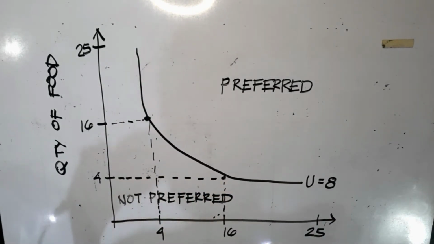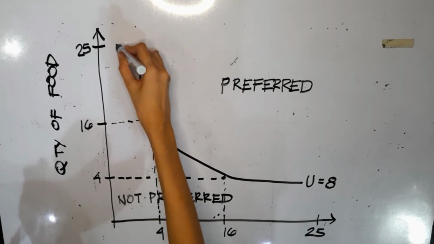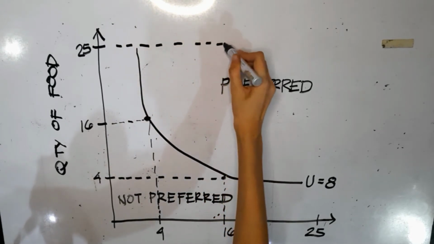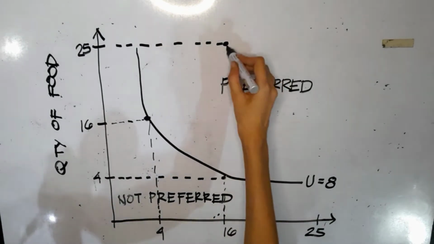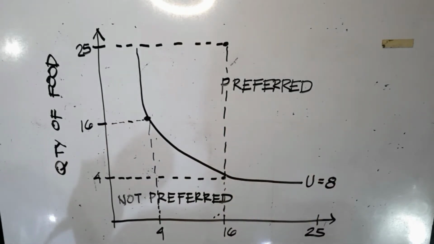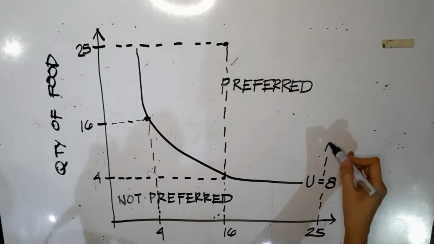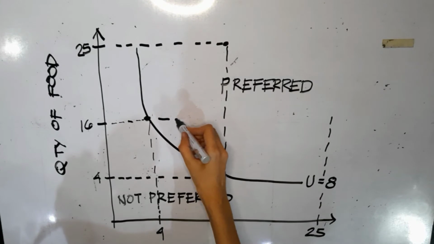So let's plot our given utilities. What if we have 25 units of food and 16 units of clothing? What if we have 25 units of clothing and 16 units of food?